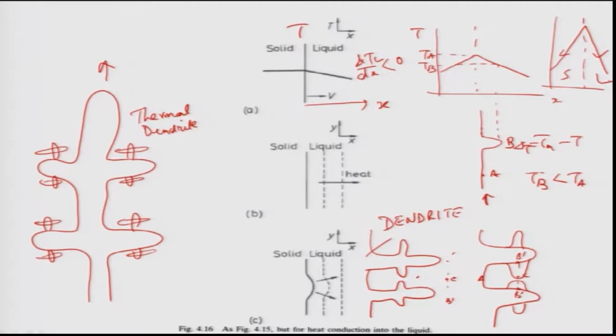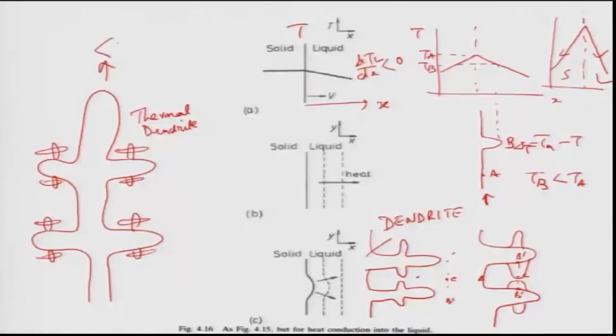In rapid solidification systems like melt spinning or even atomization or thermal spray, this is exactly what happens. The temperature gradients are negative in the liquid, and their absolute values are very high, and because of that heat transport is also very high.